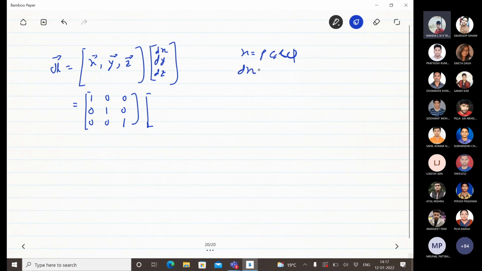Then dx, or del x, equals d rho cos phi minus d phi rho sin phi, because of the derivative of cos.